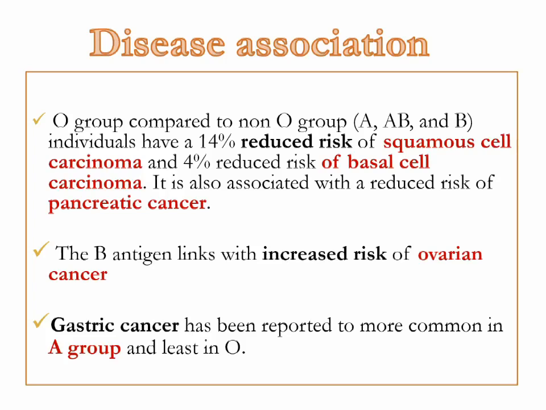The B blood type has an increased risk of ovarian cancer, and the A group is more prone to gastric cancer. So don't worry if you are in the A group or B group. All of this is based on surveys and statistics, with no scientific evidence.